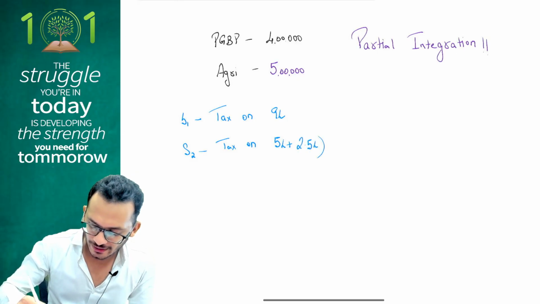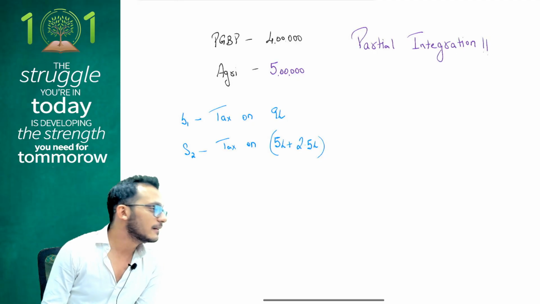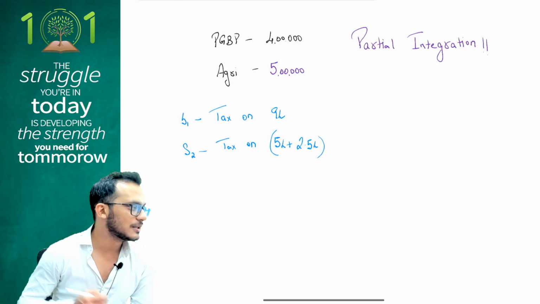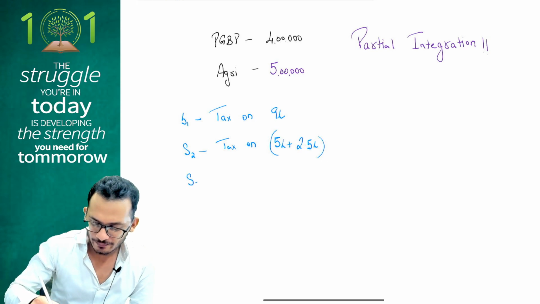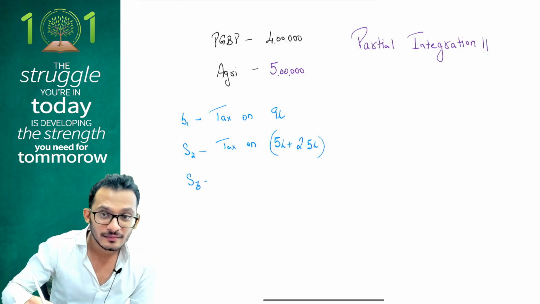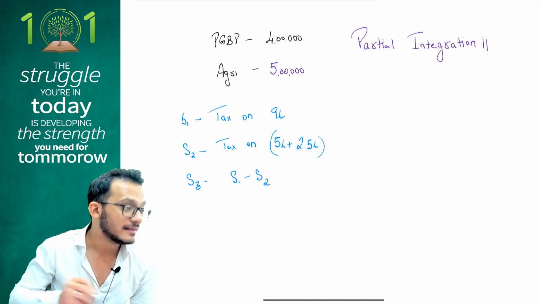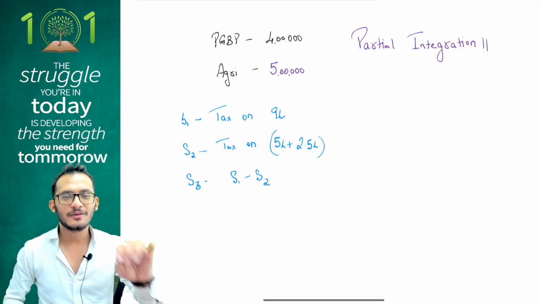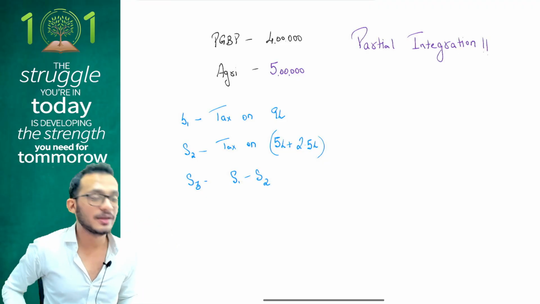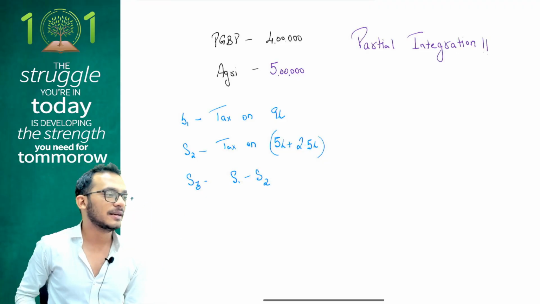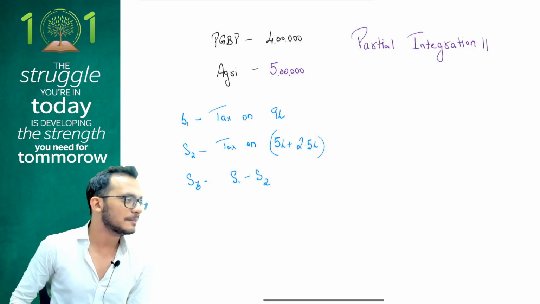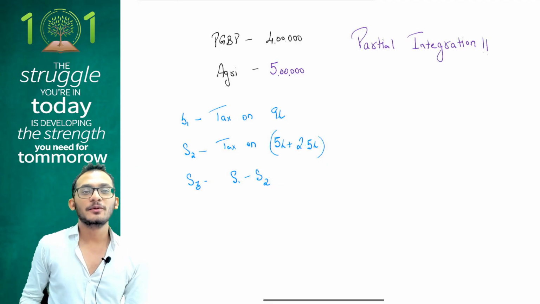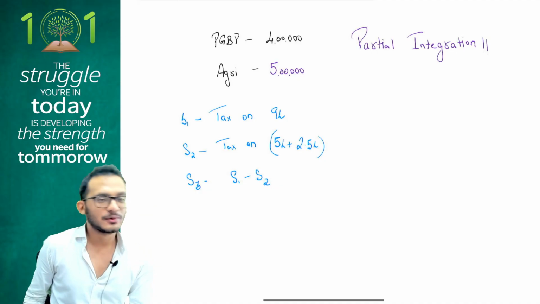I'm basically going to tax agriculture income plus basic exemption limit, and then step 3 is... very good, S1 and S2. It is S1 and S2. You have read this. Yes. What the formula is, people: computing tax on full income, computing tax on agri income plus basic exemption, and computing S1 minus S2. You have read this.